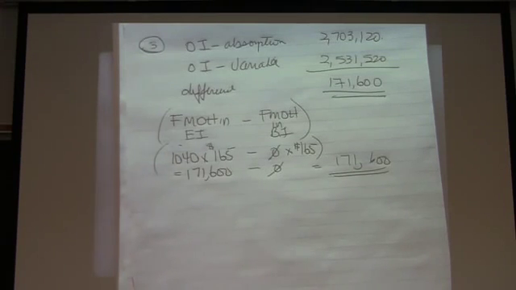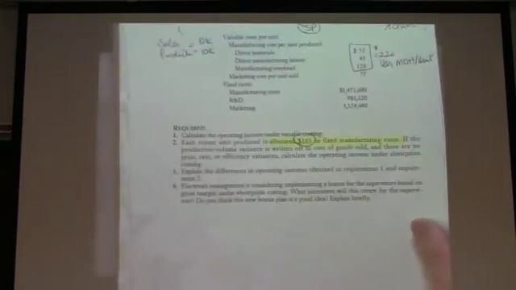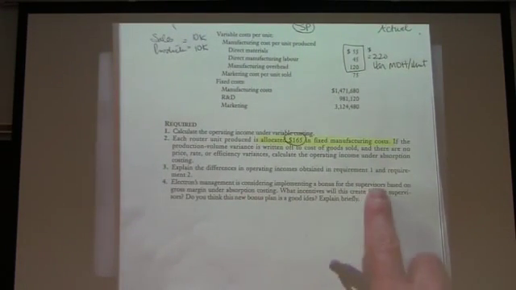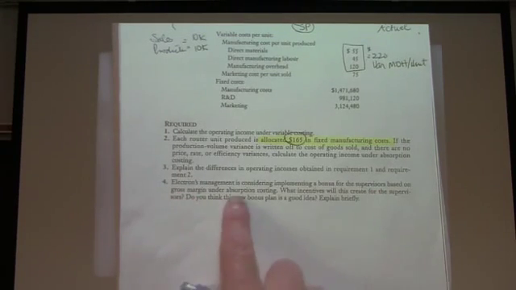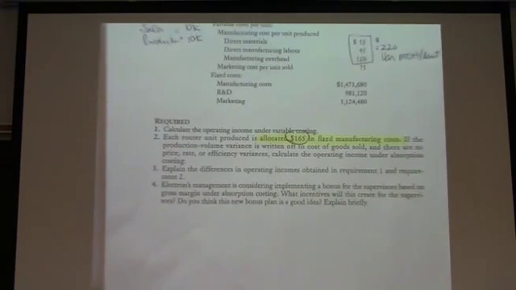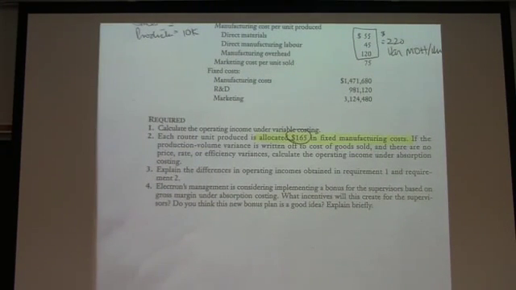Now, let's look at the final part 4 of the question. It says, Electron's management considers implementing a bonus for supervisors based on gross margin under absorption costing. That's what they want to do. What incentives will this create for the supervisors? We know there are pros and cons associated with using absorption costing as a performance measure for Electron supervisors.